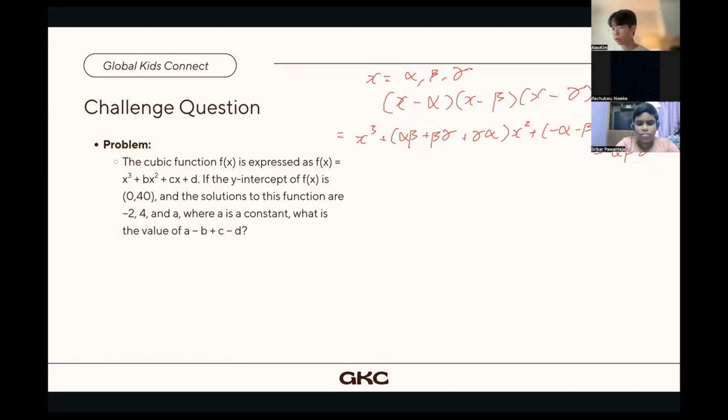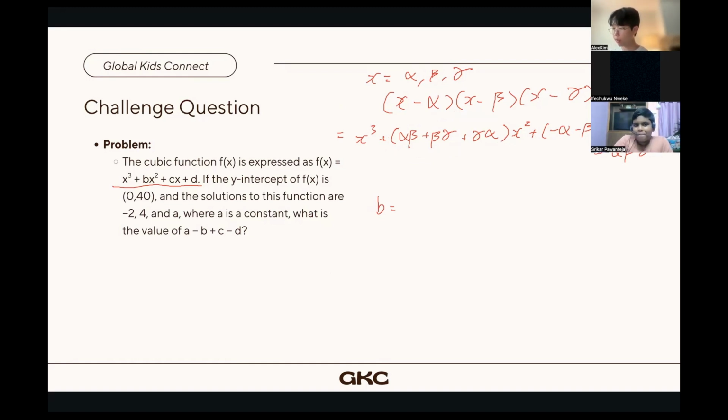Knowing this information, when we're given the polynomial in the problem as such, then b would equal, as you can see, we'll just do this exactly as it is. We multiply by choosing two distinct solutions.